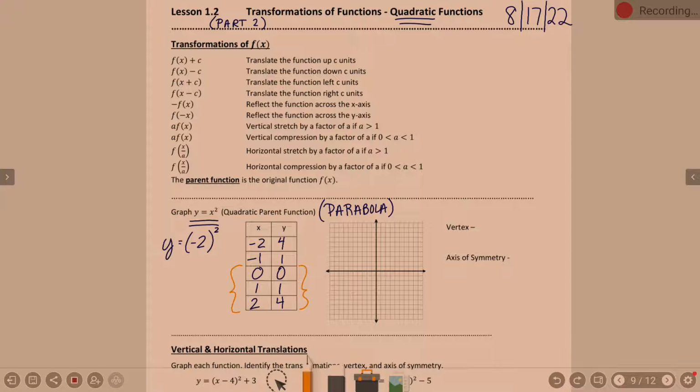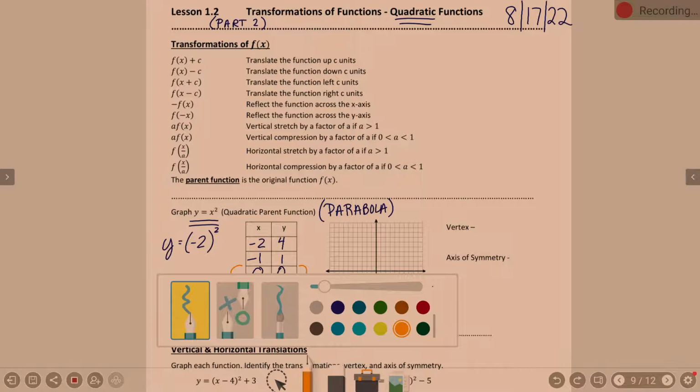That's a basic parabola. 0, 0 represents the vertex. The next point goes over 1, up 1. The next goes over 2, up 4. You can memorize that basic parabola, and it's really easy to then move it around.